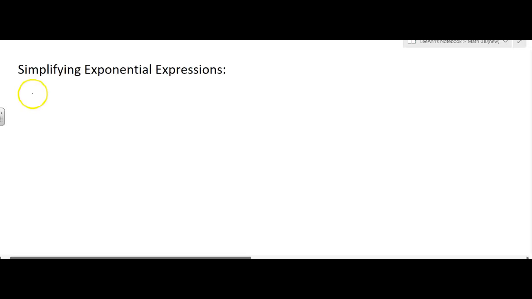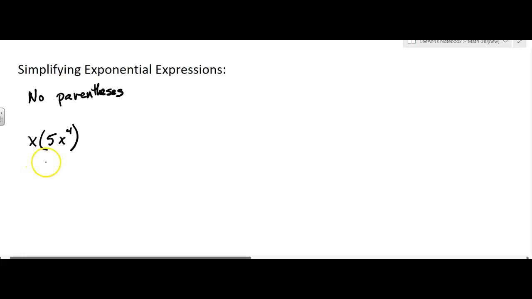First of all, if it's simplified, we're going to say there are no parentheses. Now, I'm going to say that's usually the case. There could be an example where you would have parentheses. But if you have something like x times 5x to the 4th, that can be simplified, right?